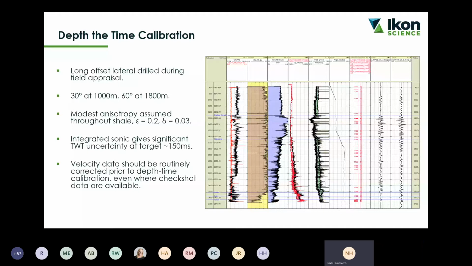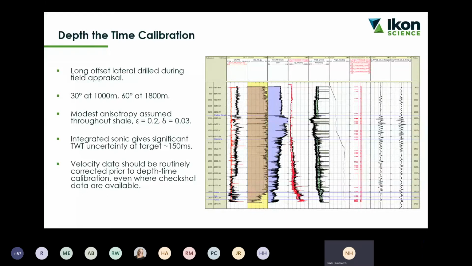And of course, if we do that in this case, we can see here that the black log in the VP track is the measured, and this red one actually, for reference, is the verticalized, or the true vertical velocity. So actually, if we didn't think about that and the VTI effect, we would have a two-way time uncertainty at target of around 150 milliseconds.